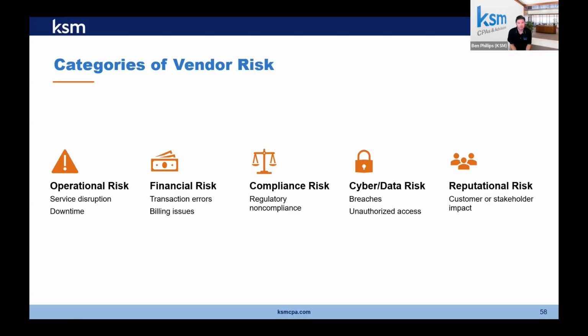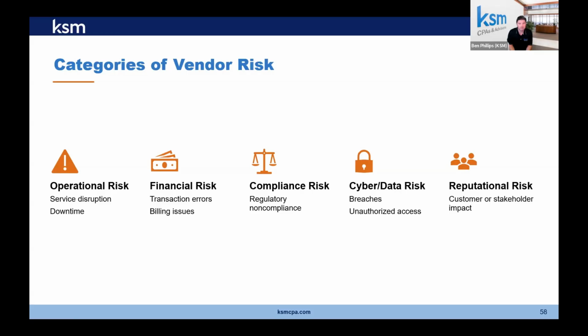The key categories of vendor risk. This slide breaks down vendor risk into several categories. Operational risk focuses on service disruption or downtime. Financial risk may involve transaction processing errors, billing inaccuracies, or failed reconciliations.